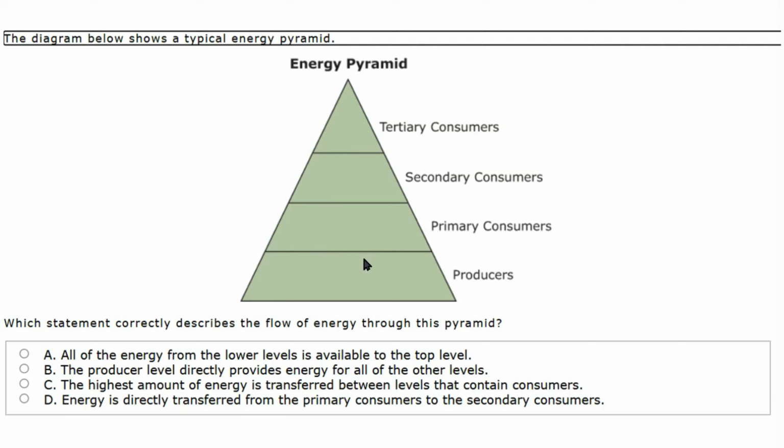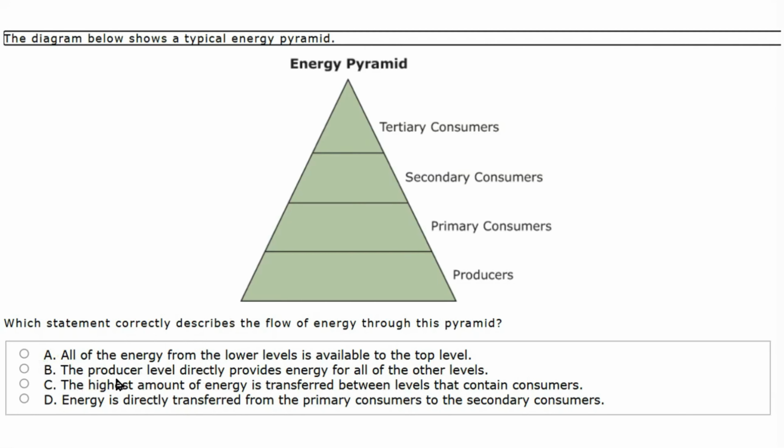So the energy obtained by the primary consumers will not be equal to the producers. The same way, the energy consumed by the secondary consumers will not be the same as the primary consumers. The amount of energy will be reduced as you go up the pyramid. So in that case, option A is not the correct one.